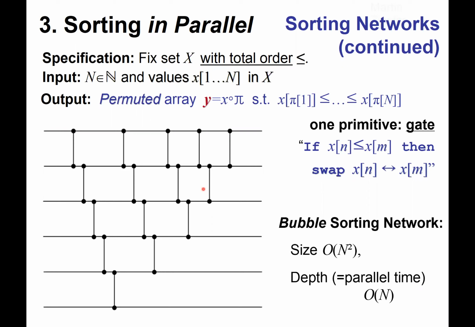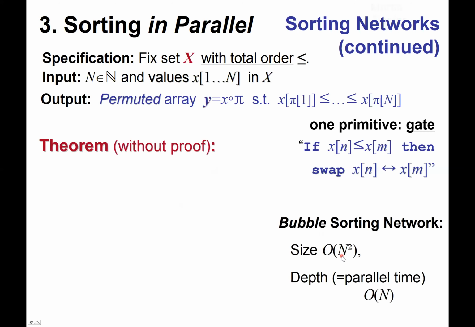And it is not too hard to see that any sorting network must have parallel runtime at least log n and must have size at least O of n. And the famous theorem in computer science says that such sorting networks actually exist.